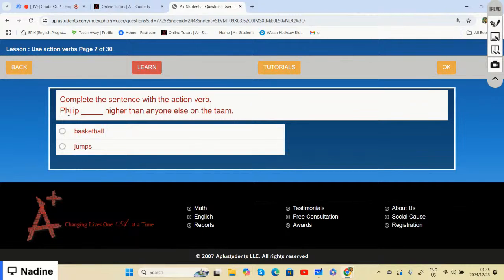Or do we say Philip, option two, jumps higher than anyone else on the team? Which one is correct? That tells us what Philip is doing. Do we say Philip basketball or do we say Philip jumps? Which one is correct? Basketball or jumps?